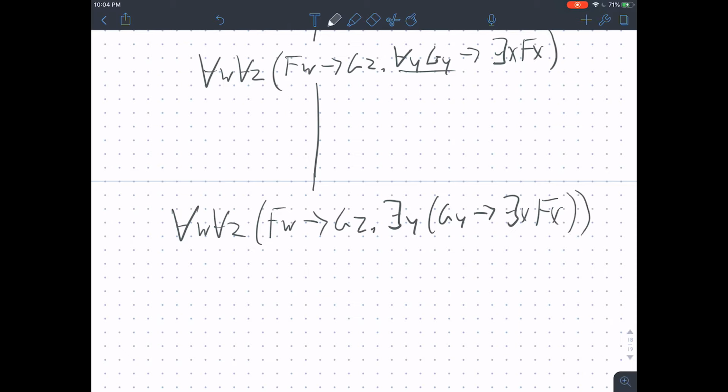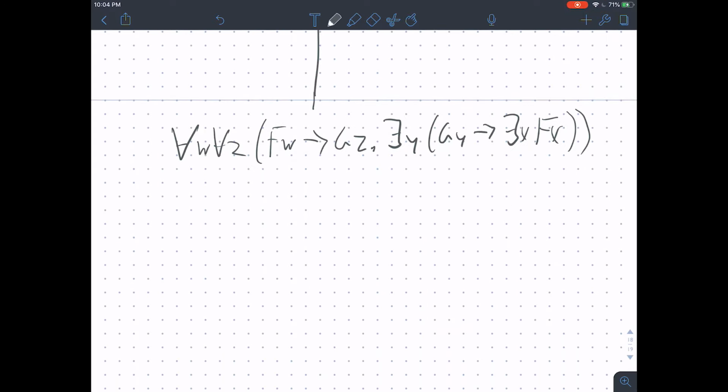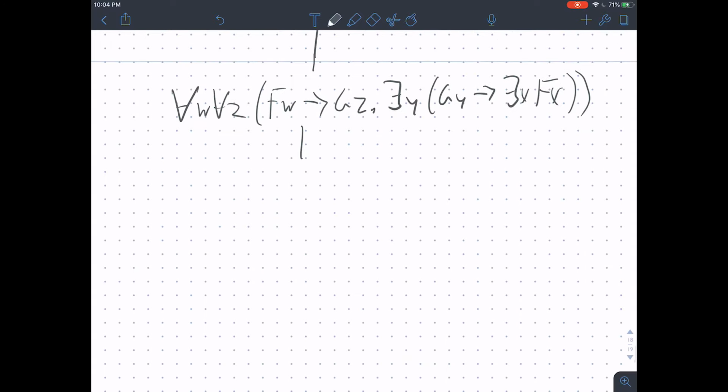Right. And again, the quantifier changes if we are moving it into or out of the antecedent of a conditional, but in no other instance.